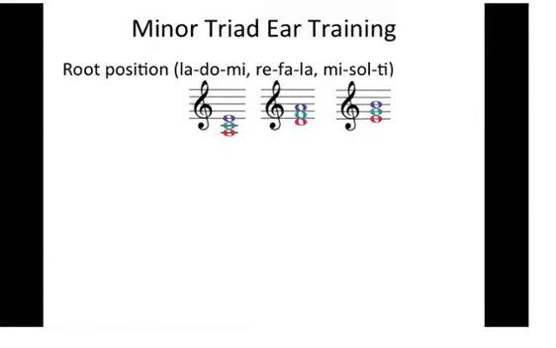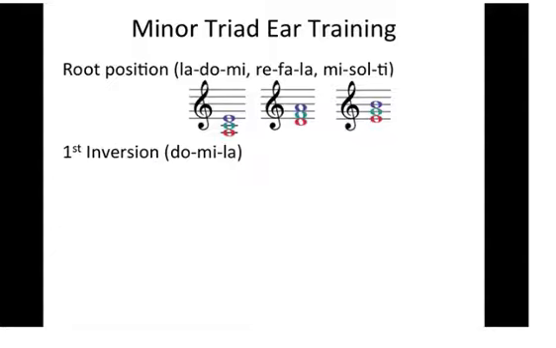Let's listen to minor triads. La, do, mi is one way to think of it, or re, fa, la, or mi, sol, ti for root position minor triads.